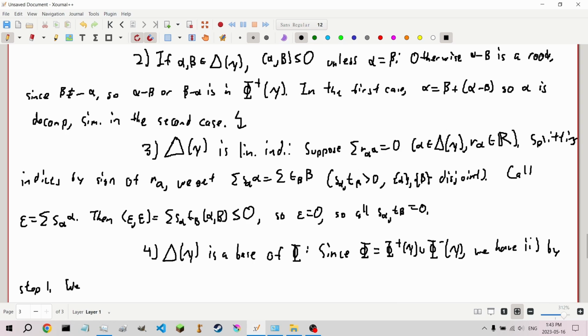We also have that delta of gamma spans E. So by 3 we have condition 1.